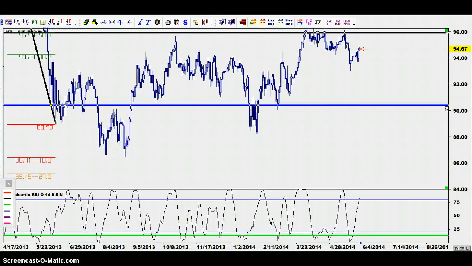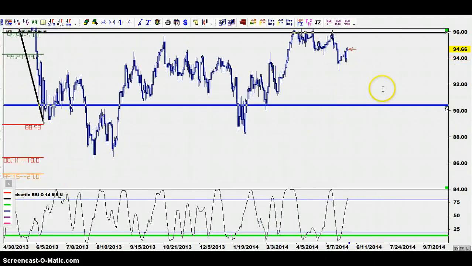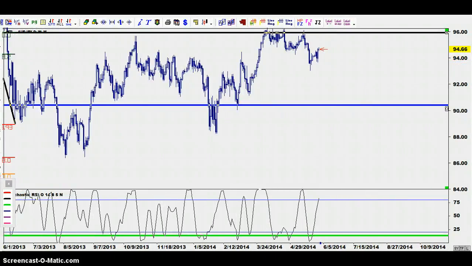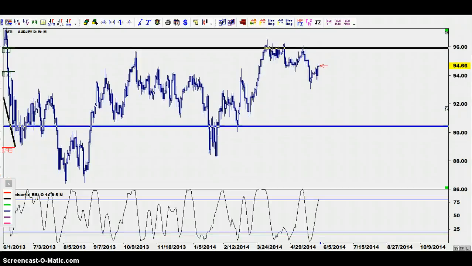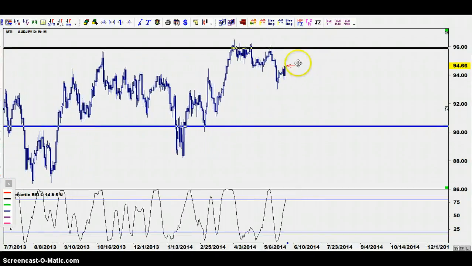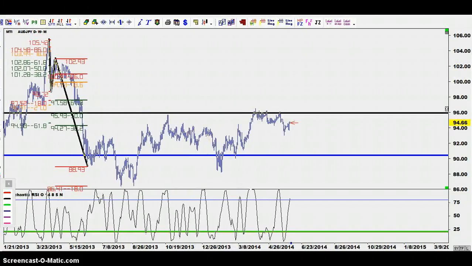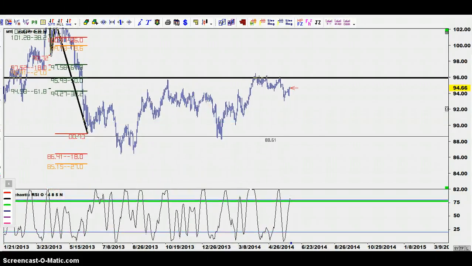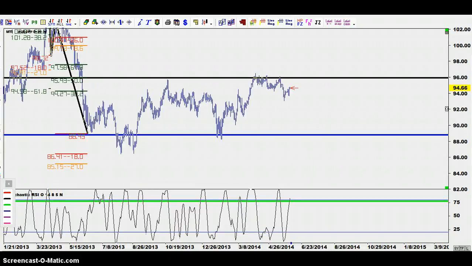It's heading back down. So unless it goes all the way back up and tests that boundary, it still has an opportunity to go back down. It's ranging at the moment, but we still know off that daily chart that it is heading down.